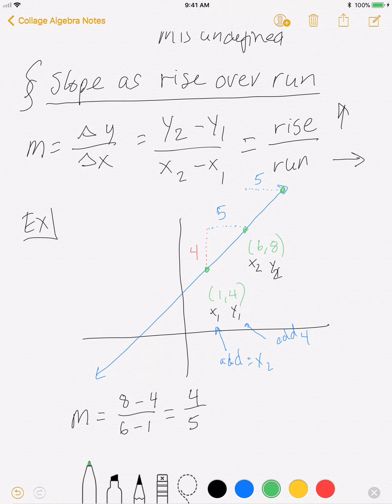So therefore the x coordinate would be 11, and then I will have to add 4 to the y coordinate, and so the y coordinate will be 12. You often see your teachers graphing lines this way, by simply taking a single point and then using the rise and the run to find another point on that line. And once you have those 2 points, like I said, that's enough to graph the line.